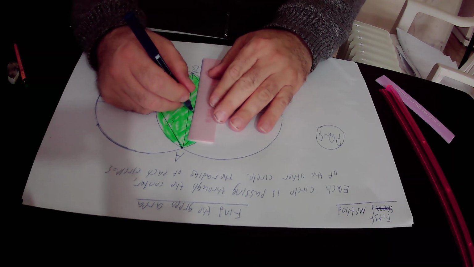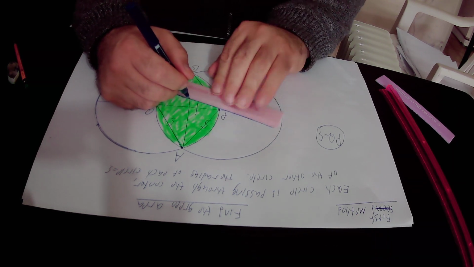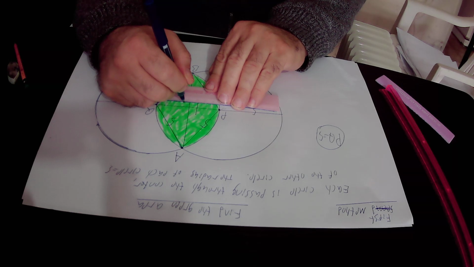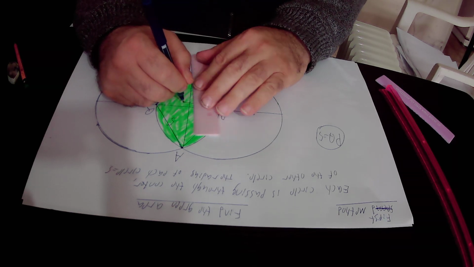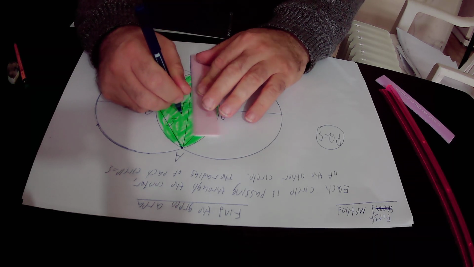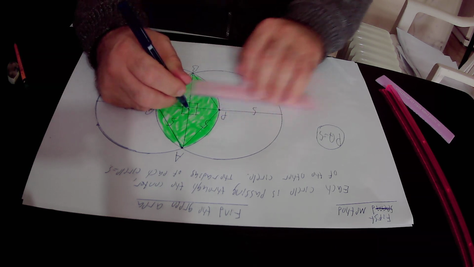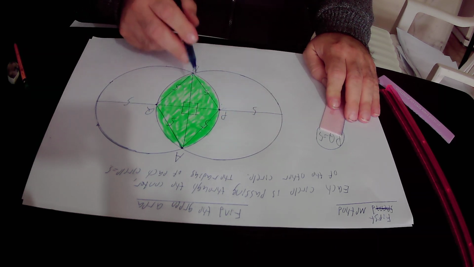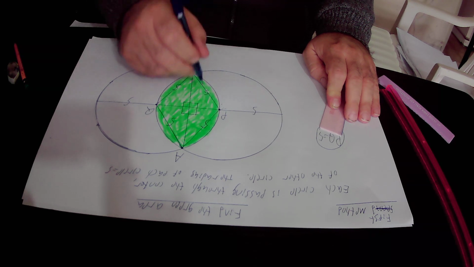That is to say, all the angles here are right angles. We'll define the intersection point between diagonal AB and diagonal PQ as point M.